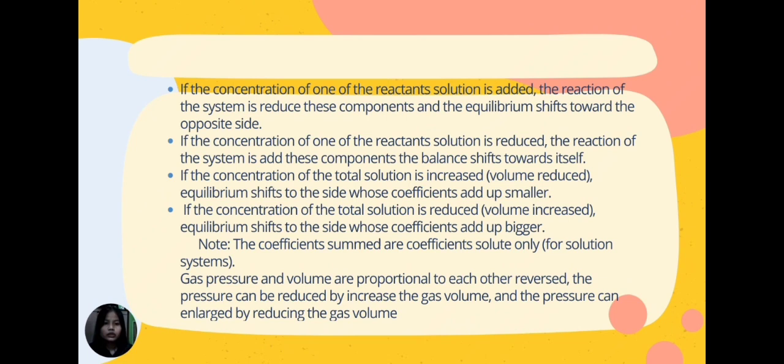If the concentration of the total solution is reduced or volume increased, next, the equilibrium shifts to the side whose coefficient sum is bigger. Not the coefficient sum, only for the solution system.